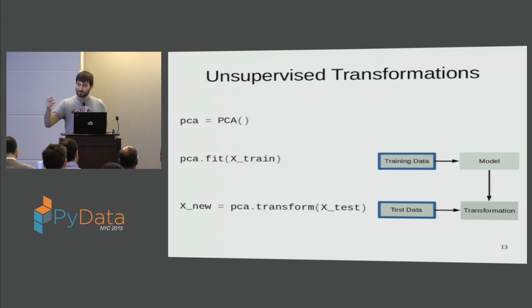This builds a model stored in PCA. And then we can use the transform method to transform either the training data or some new test data to a new representation. This is true for all what I call unsupervised transformations, which take one view of the data and create a new view.